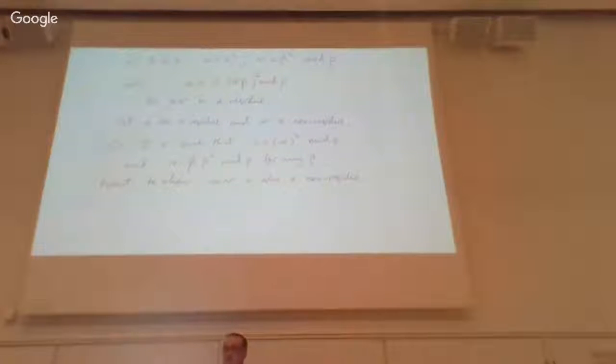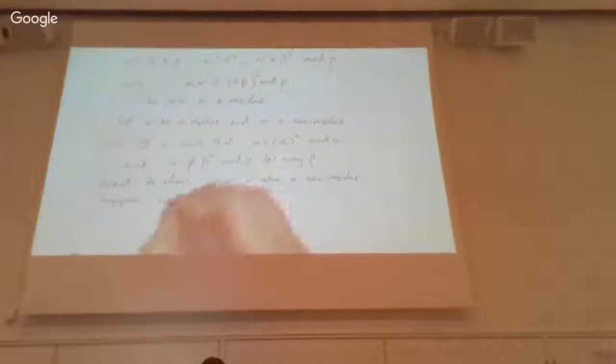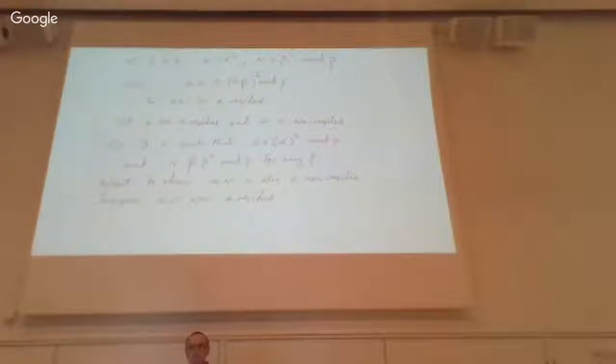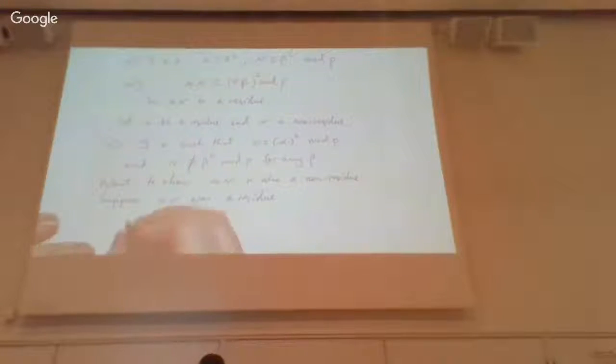To show that something does not exist, you have to come at it from the back, so to speak. So we have to do a little proof by contradiction. Suppose it were. Suppose u times v was a residue. Okay, it's not going to be. We're going to prove it can't be. But we suppose, for the purposes of proof by contradiction, that it was a residue.